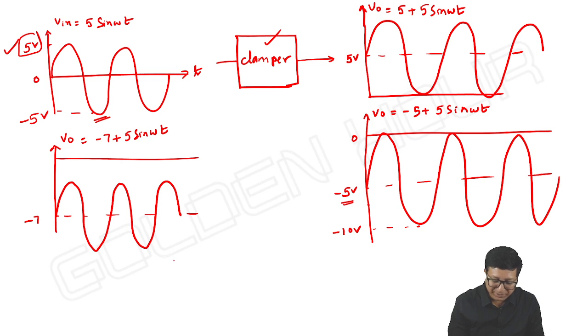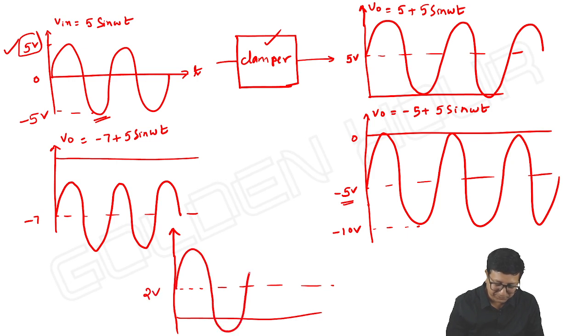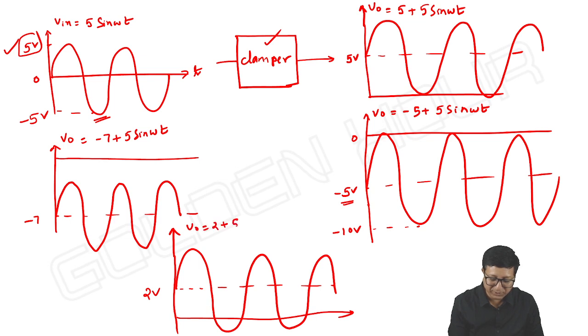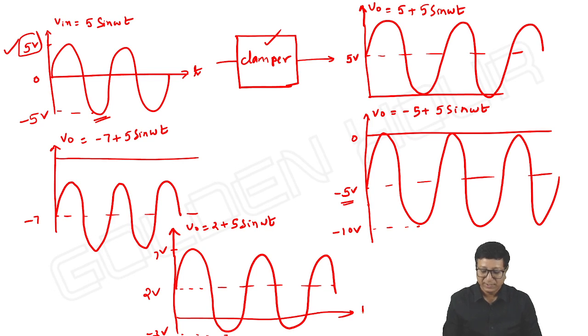Or the output may be something like this. Means 2 volts DC is added. So V output is equal to 2 plus 5 sine omega t. Means 2 plus 5 is 7 volts and 2 minus 5 is minus 3 volts. All such outputs are possible.